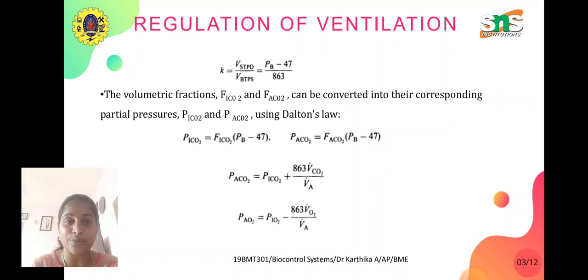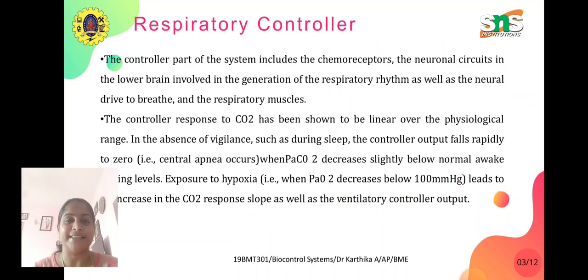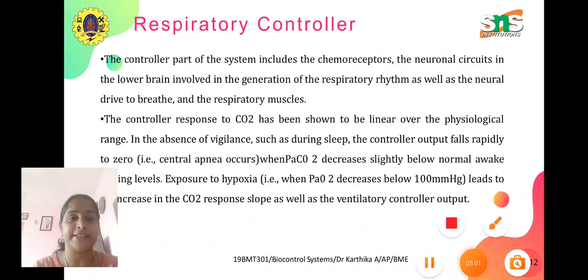Here PiCO2 is equal to FiCO2 times (PB minus 47), and PaCO2 is equal to FaCO2 times (PB minus 47). Here the value of PaCO2 is equal to PiCO2 plus 863 VCO2 by VA. Here PaO2 is equal to PiO2 minus 863 VO2 by VA.